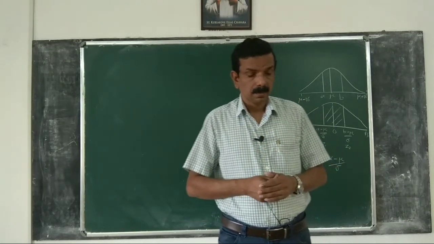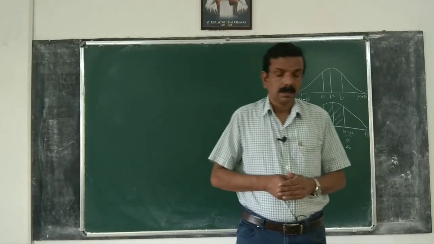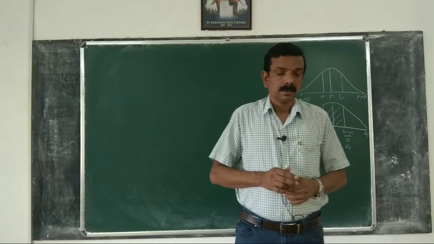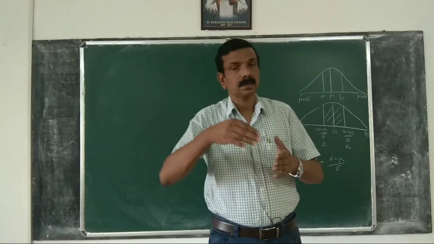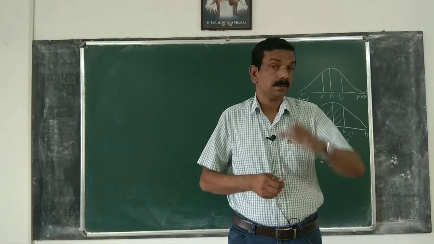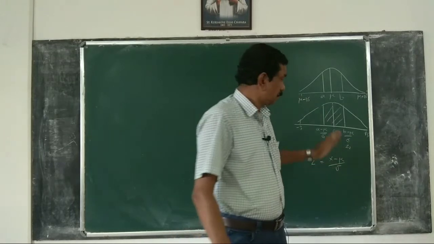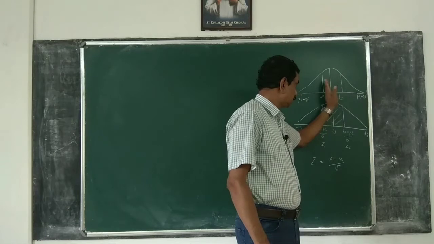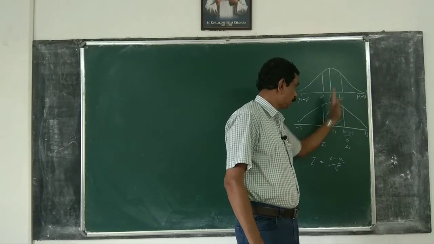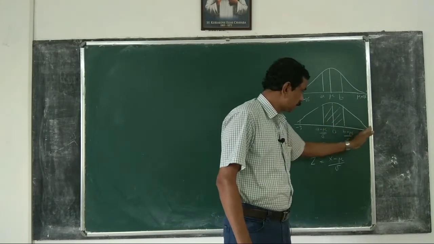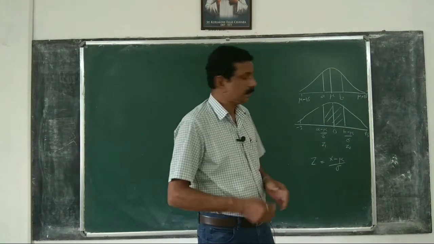Now let us see how to use the standard normal table to find out the area under the standard normal distribution. And remember this, we can calculate the area under the normal distribution between any 2 points by calculating the area between the corresponding 2 points under the standard normal distribution.